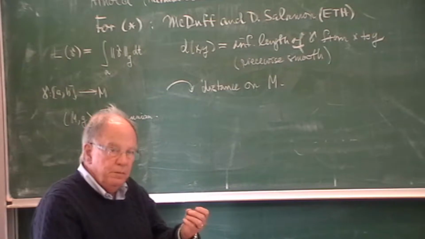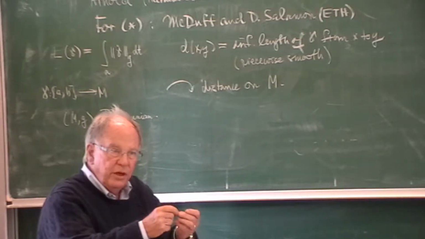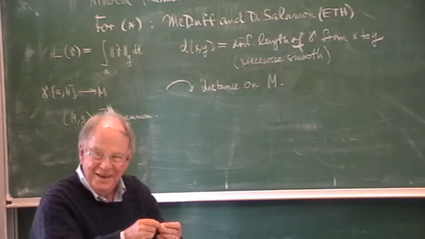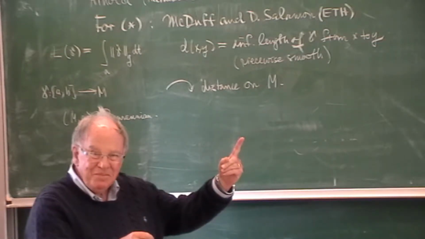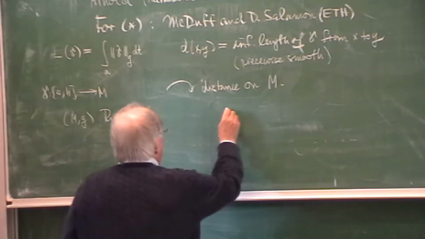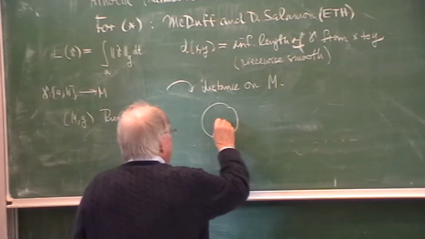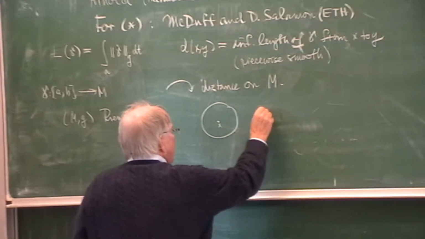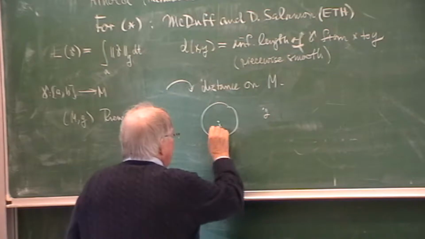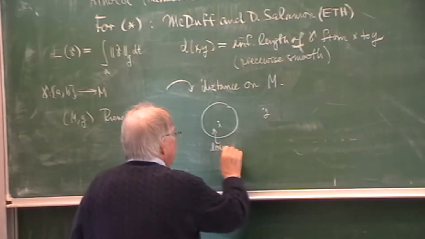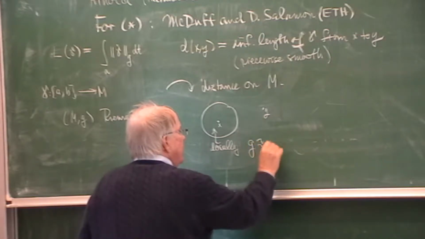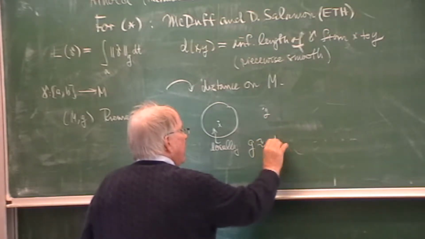And it's a little bit delicate to prove that if the distance is 0, then x equals y, because it's an infimum, right? And of course, locally, if here's x, and then you take y out here, and you have some curve, locally g is approximately the standard metric.